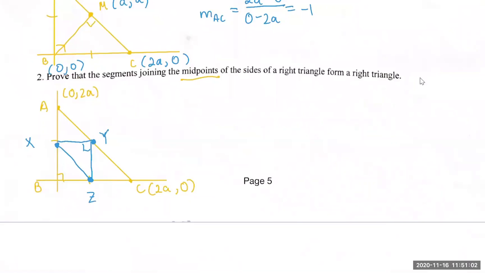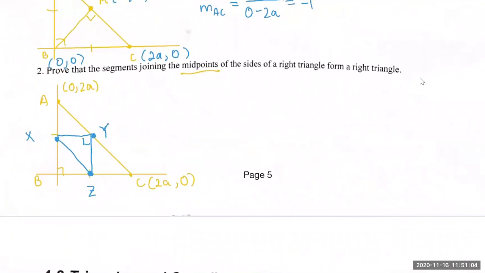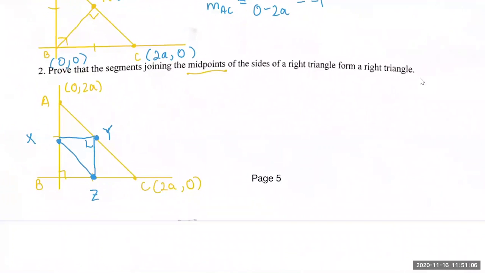Okay, so let's start with Z. What do you think the coordinate point is for Z? What's the coordinate point for Z if that's the midpoint? Okay, very good. (A, 0) on that one.